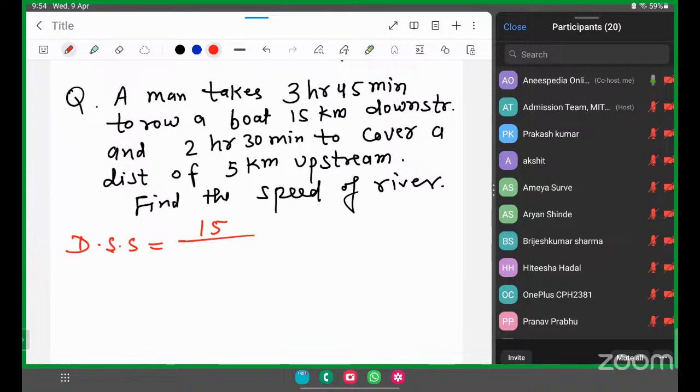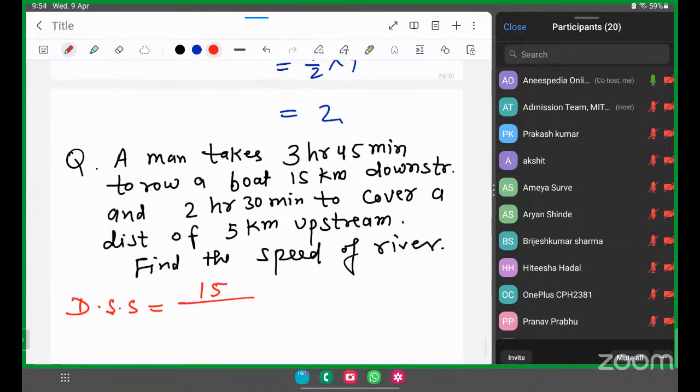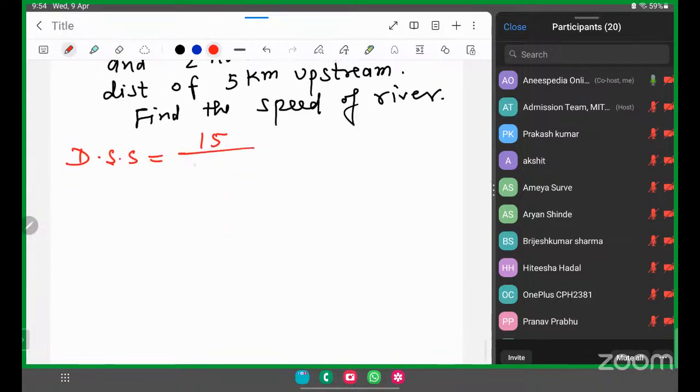So 3 hour and 45 minutes will be how much in hours? 45 minutes in hours will be 45 divided by 60, 3 by 4. So this will be 3 and 3 by 4 hours. So you can write it as 15 by, this will be how much? 15 by 4, I think. So downstream speed is 4.